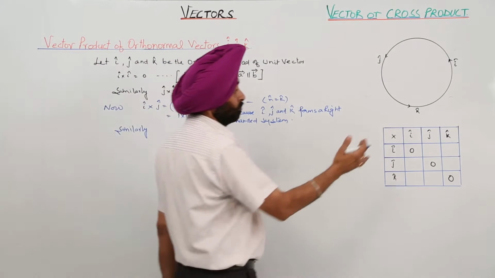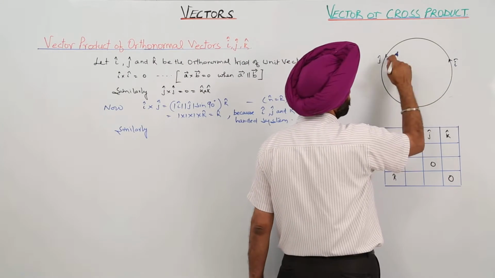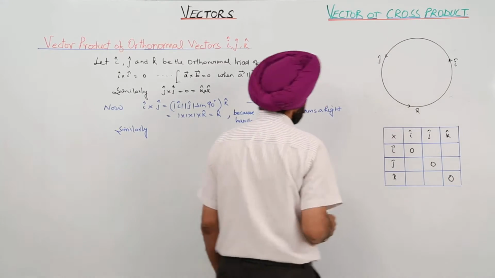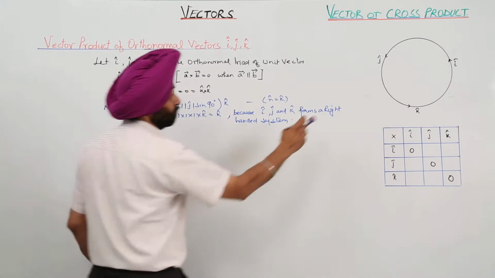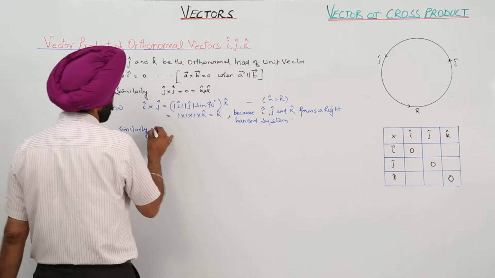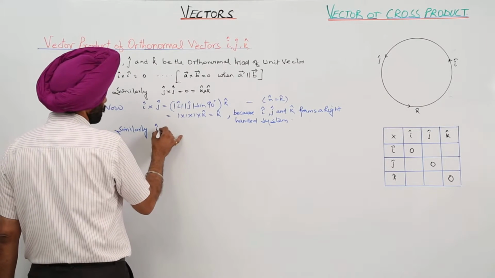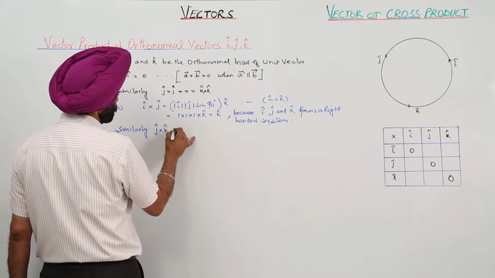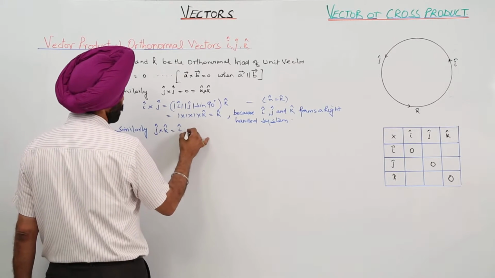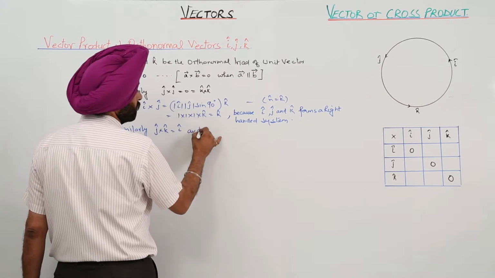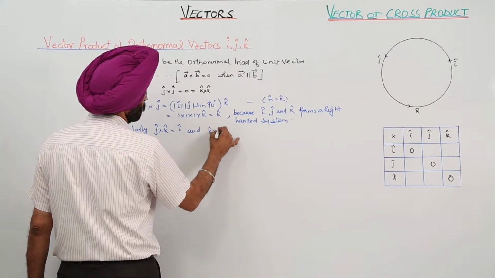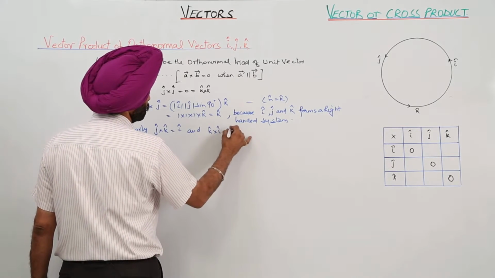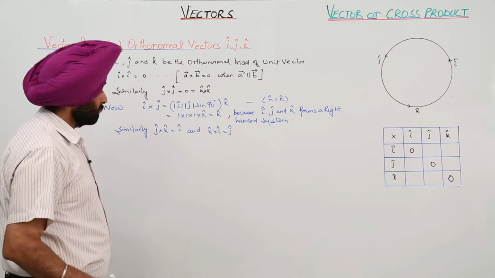Now similarly, we moved anti-clockwise, i cross j, the result was k. Then similarly we move with j cross k cap is equal to i cap, and k cross i cap is equal to j cap. Is it clear?